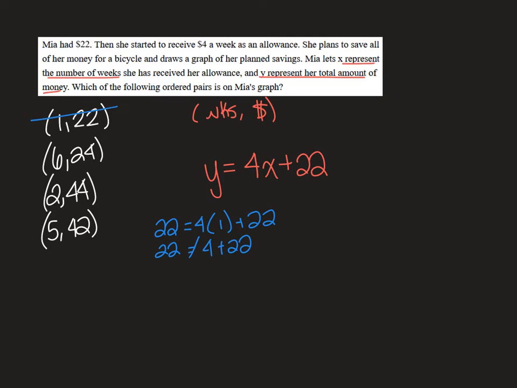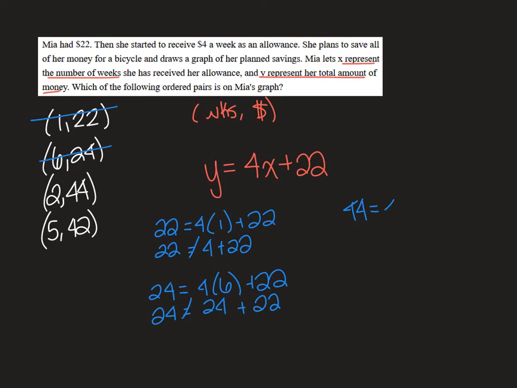So it's definitely not the first choice. Then we're going to look at the next one. So 24 equals 4 times 6 plus 22. We've got that 4 times 6 is 24 plus 22. Well, that's not going to give us our 24. So it's not the second choice.